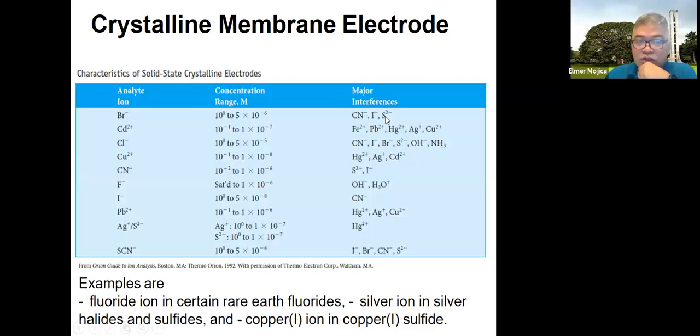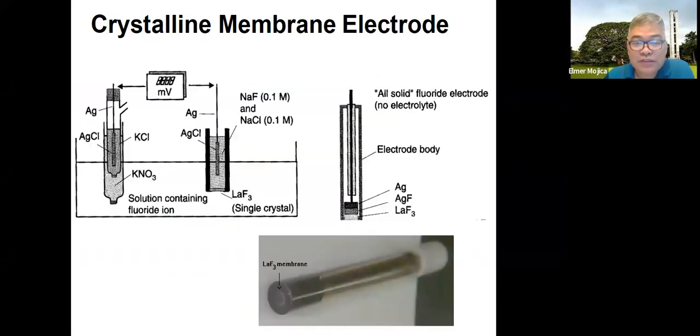The one that is commonly used is the lanthanum fluoride, for the fluoride ISE. Here the lanthanum fluoride is doped with europium fluoride.